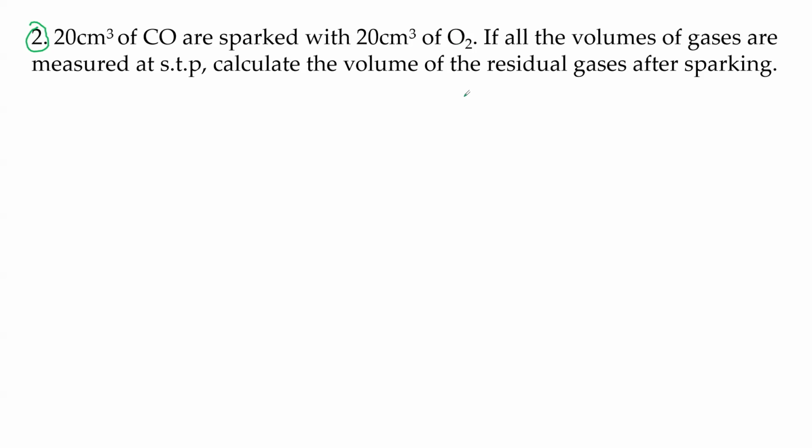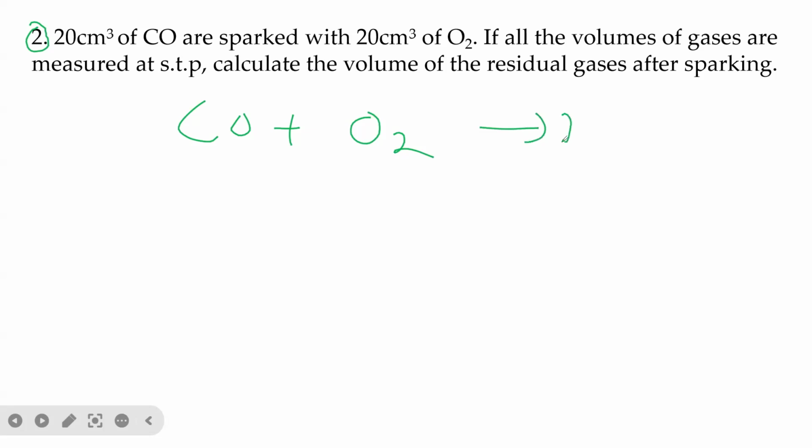So how do you do it? First, we need to derive the equation of the reaction. So we have CO, that is carbon monoxide, sparked with oxygen, and at the end, we are going to generate carbon dioxide.